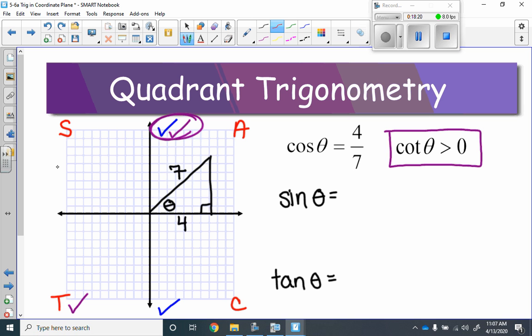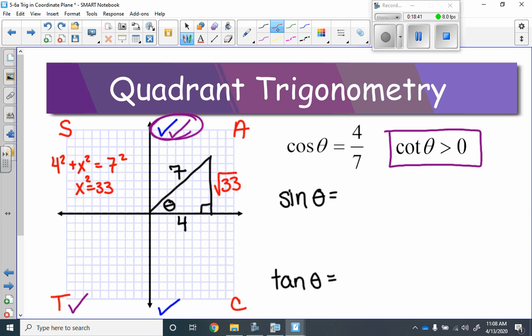So Pythagorean theorem, 4 squared plus x squared is equal to 7 squared. So 7 squared subtract 4 squared gives us 33. So x squared equals 33. That means that our opposite side here is the square root of 33.